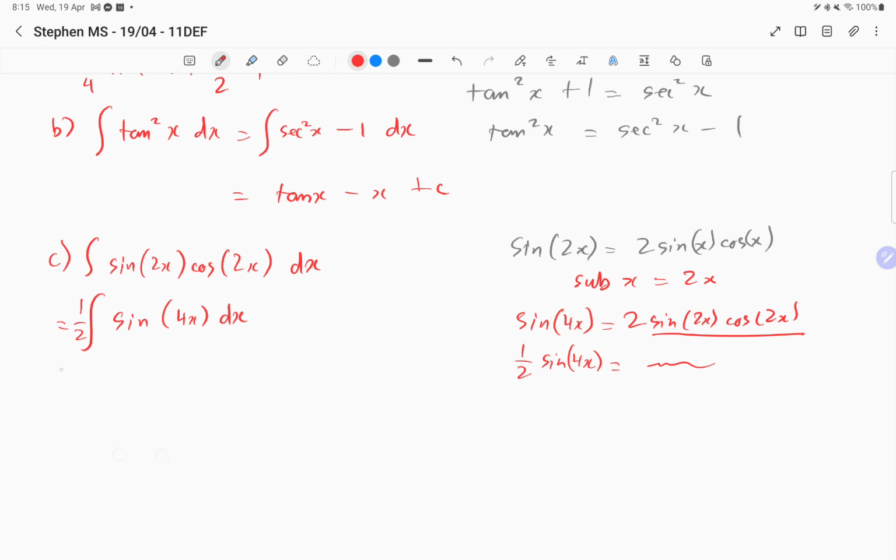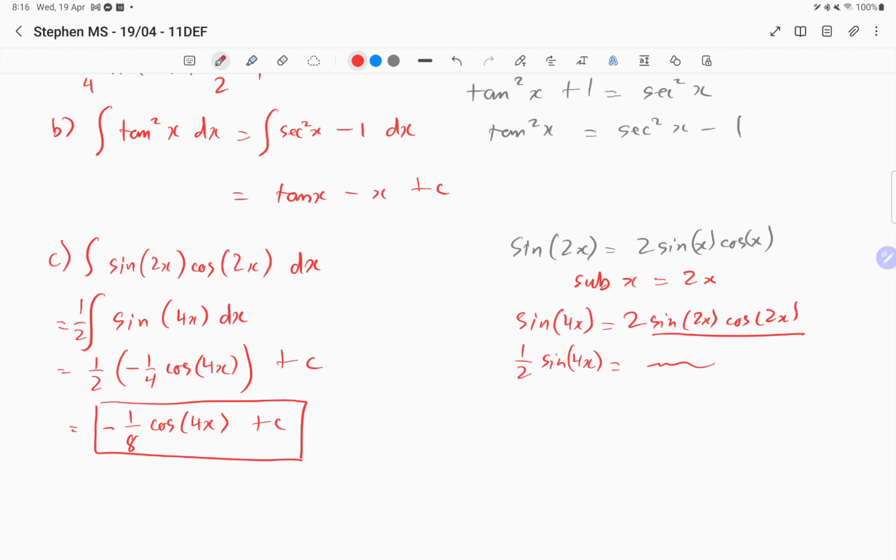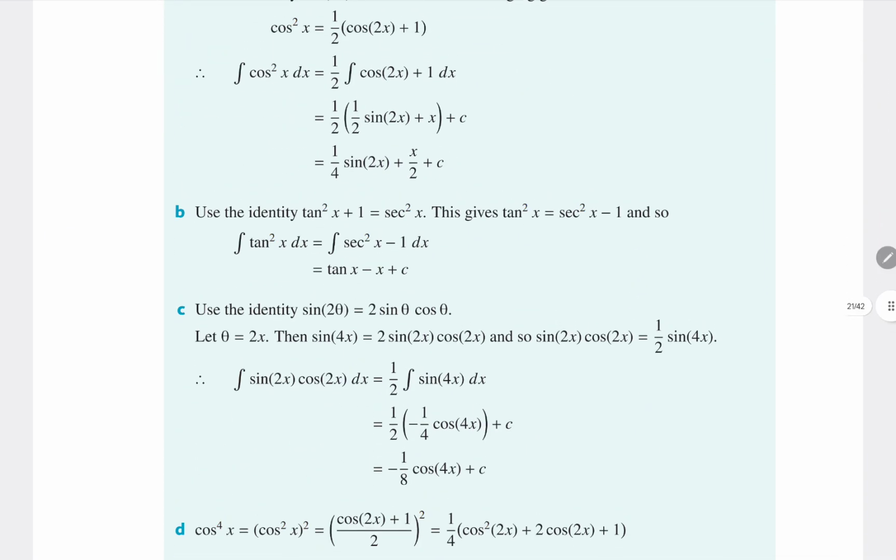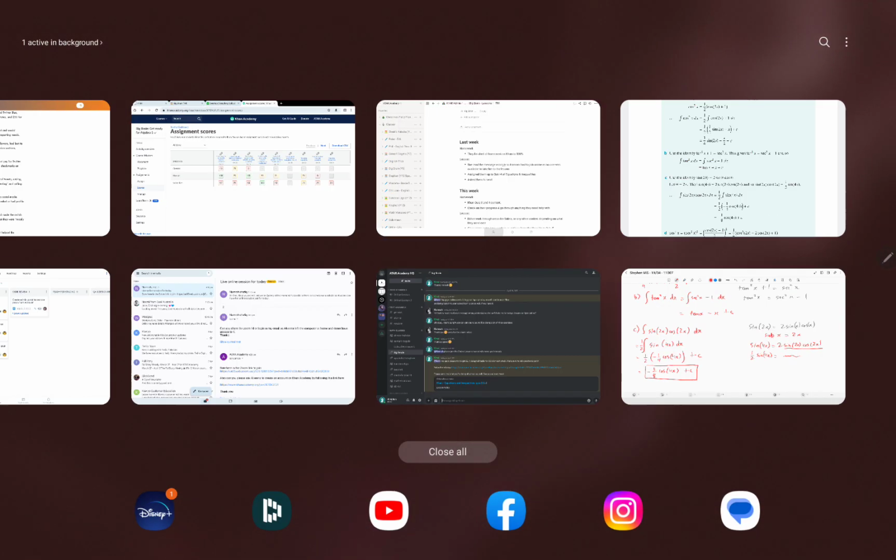The antiderivative of sine is negative cos, so it'll be 1/2 of negative 1 over 4 cos 4x plus c. So that's negative 1 over 8 cos 4x plus c. Yes, that's right.